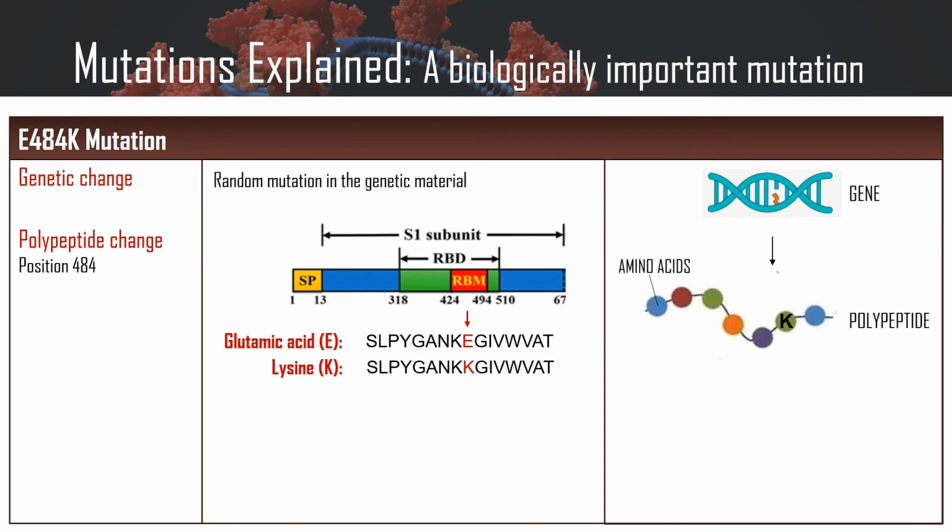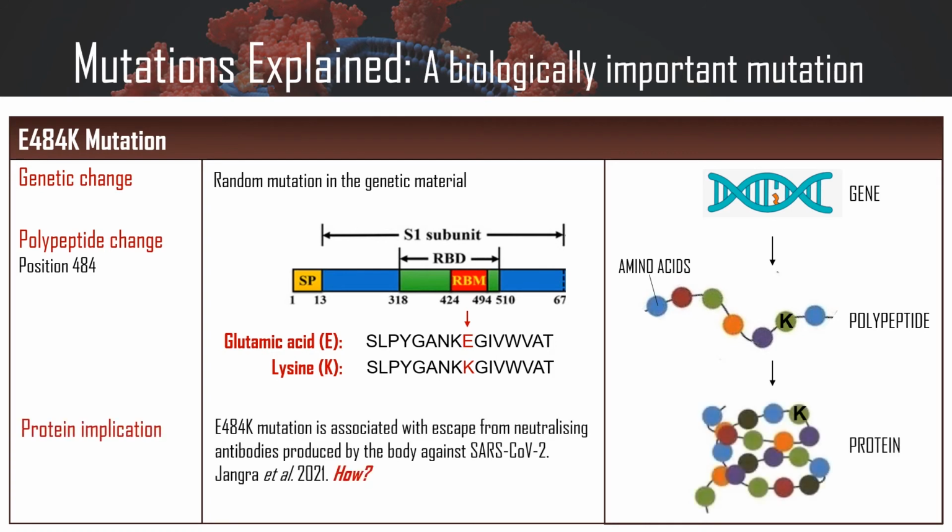Essentially these are shorthand for amino acids, and any change in the amino acids can cause a change in the polypeptide sequence, which essentially will create the final protein product. As you can see here, the amino acid E is glutamic acid, and that's been substituted with K, which is the abbreviation for the lysine amino acid.